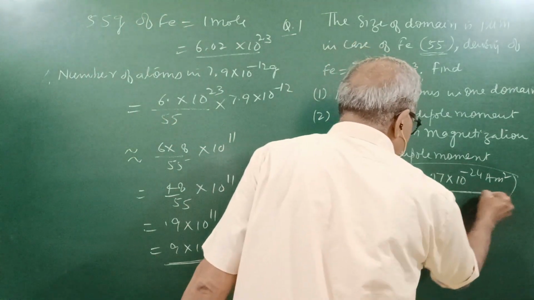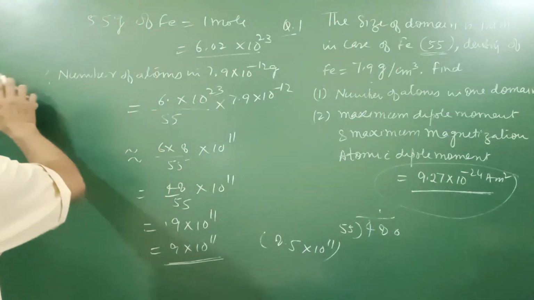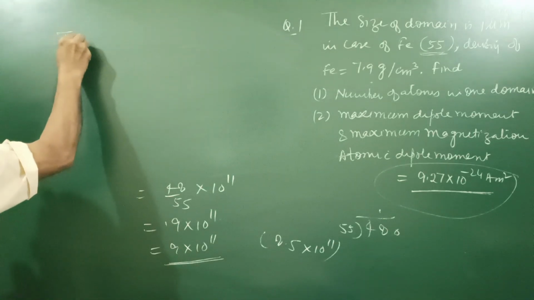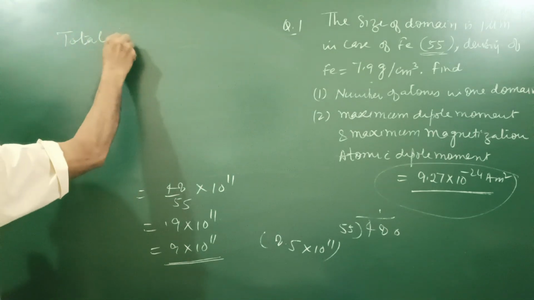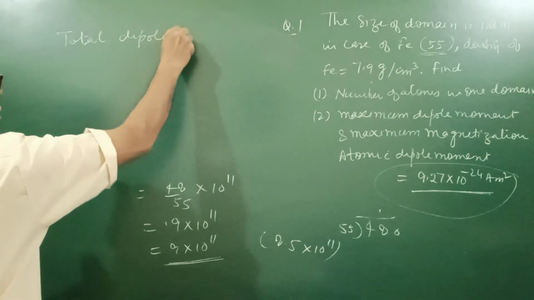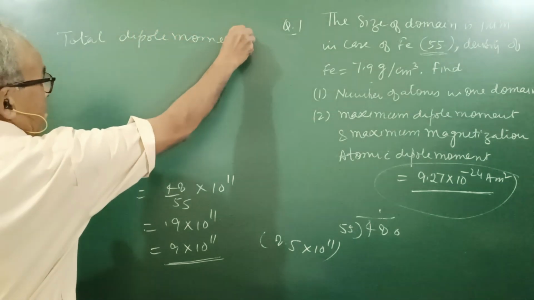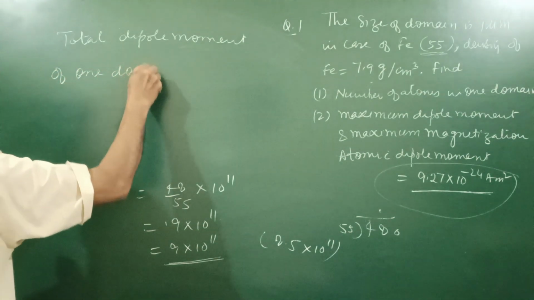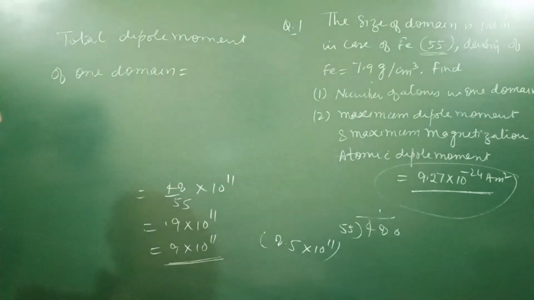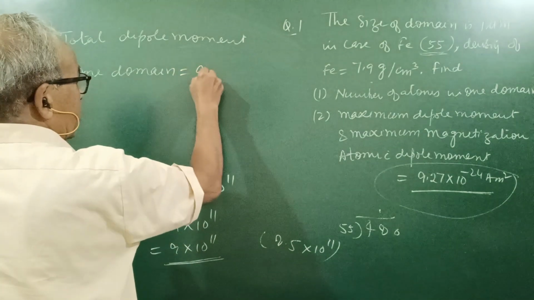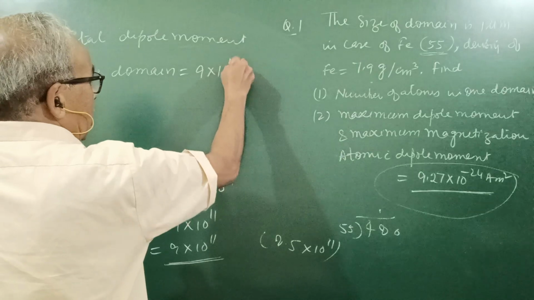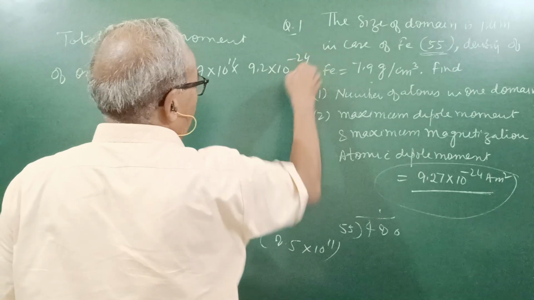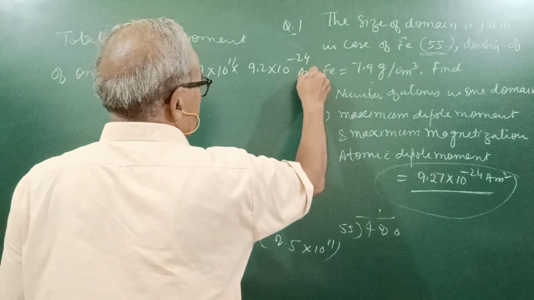The dipole moment of one atom is 9.27 times 10 to the power minus 24. So the total dipole moment of one domain is 9 times 10 to the power 10 into 9.27 times 10 to the power minus 24 ampere meter square.